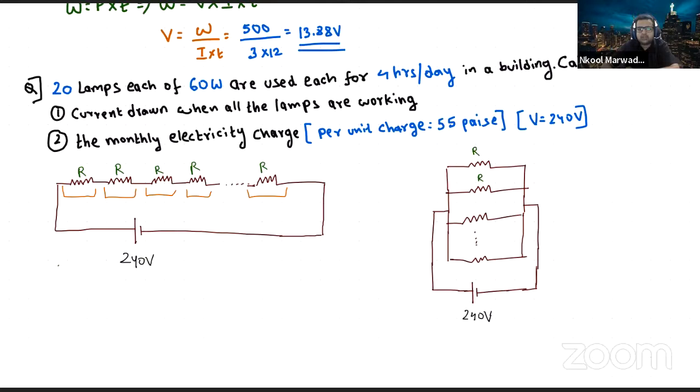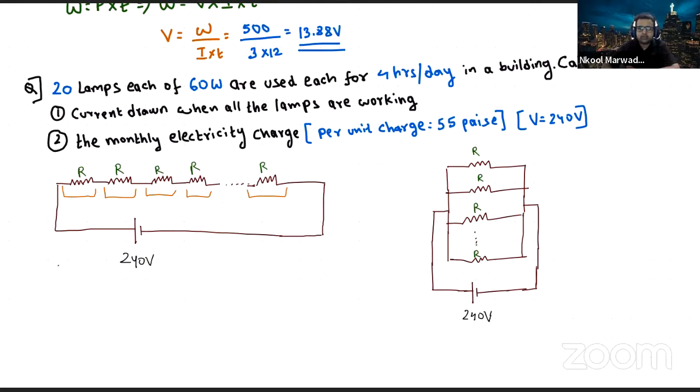The drawback with the series is that if one bulb fails, the entire system will go down, and hence in the electric connections we use, everything is parallel, so that if one segment goes down, other segments keep on working, and all the appliances are independent of each other. That is possible with the parallel connection. Now in the parallel connection, the voltage will be the same for all the resistances, and the current will be different.